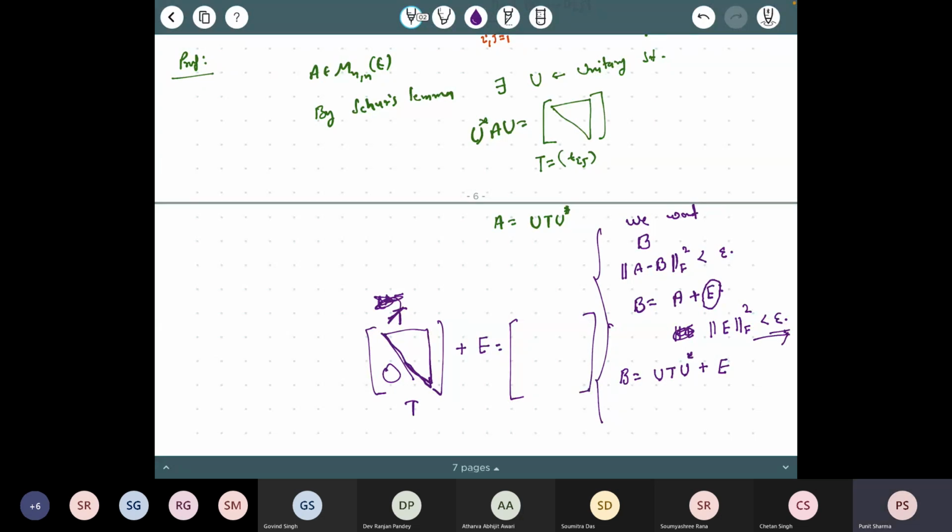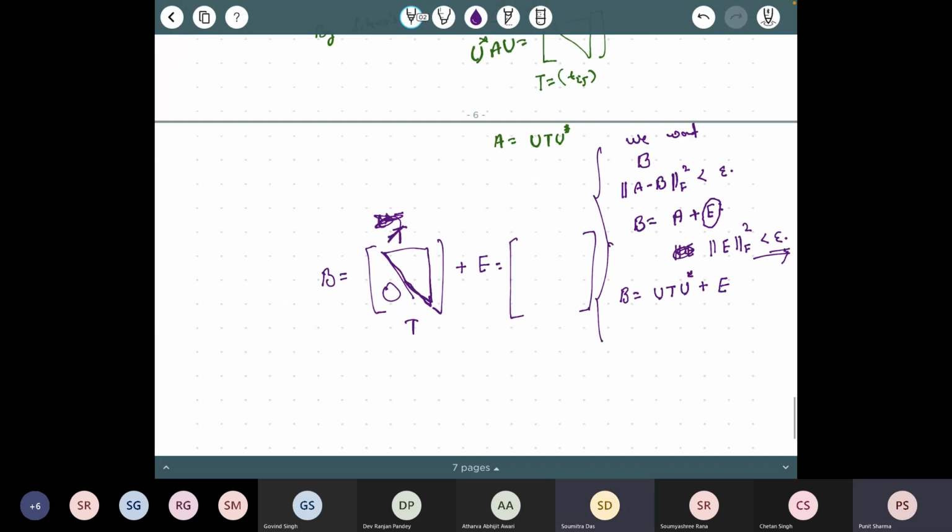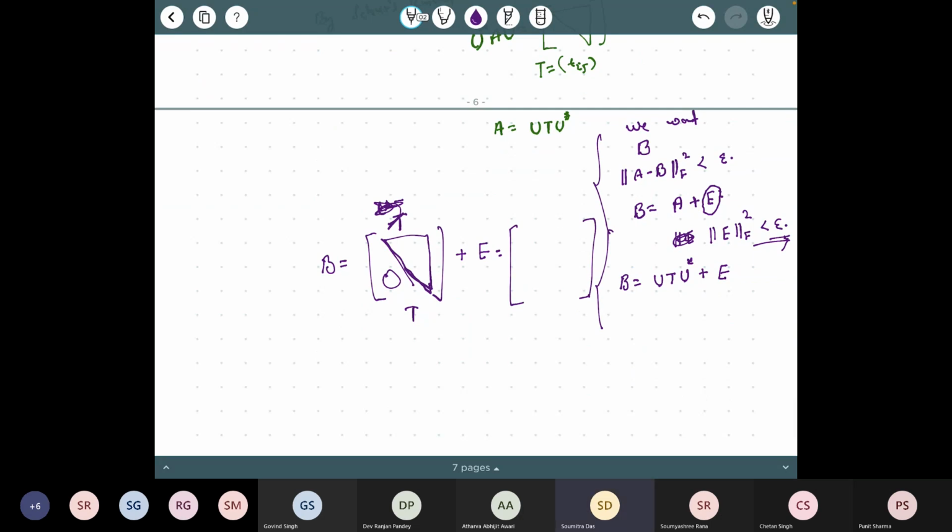Can you add some matrix E to this T such that all eigenvalues of the new matrix, let's say B, are distinct? Can you do that? Yes, sir. How would you do that? Sir, add any diagonal matrix so that all the diagonal entries of B become distinct.